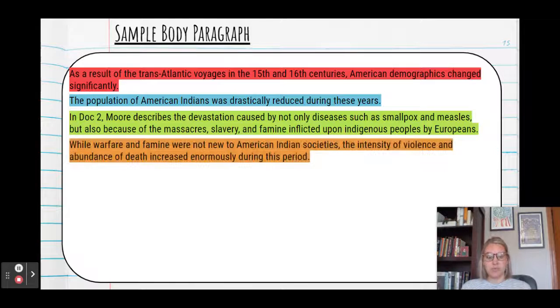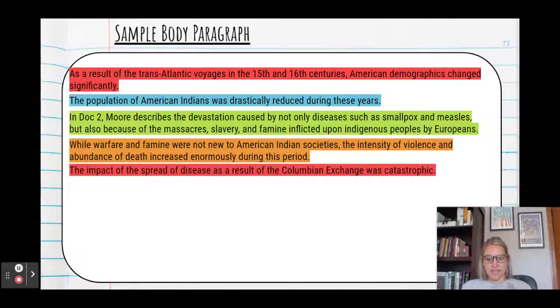Now I'm going to link it. While warfare and famine were not new to American Indian societies, the intensity of violence and abundance of death increased enormously during this period. So I'm really reiterating and reinforcing that skill of change. Here's my outside evidence.